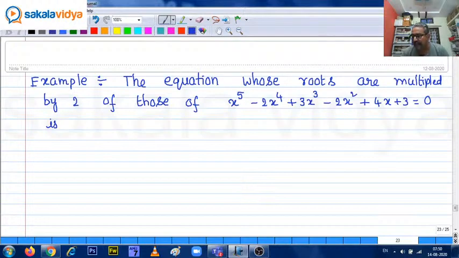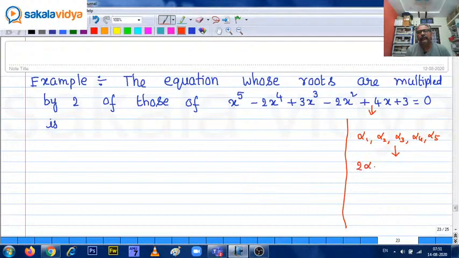Then we need to find the polynomial equation whose roots are 2 alpha 1, 2 alpha 2, 2 alpha 3, 2 alpha 4 and 2 alpha 5.